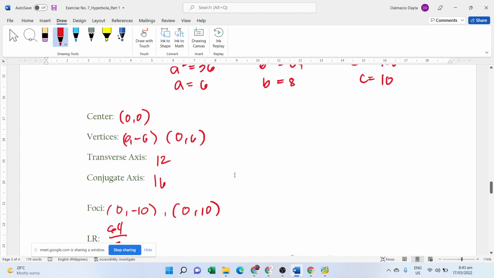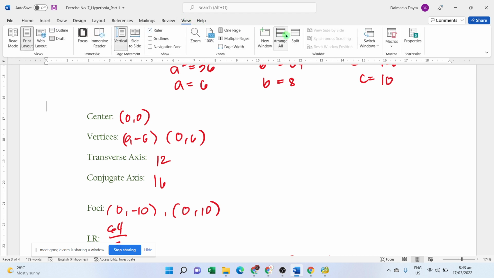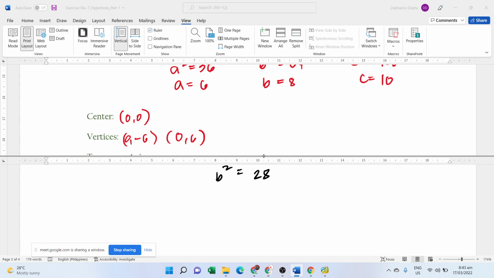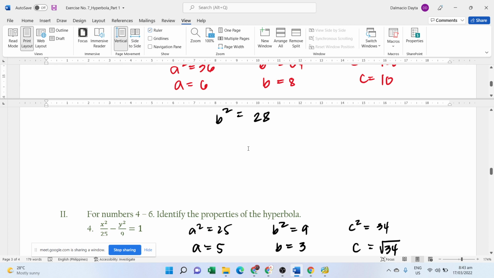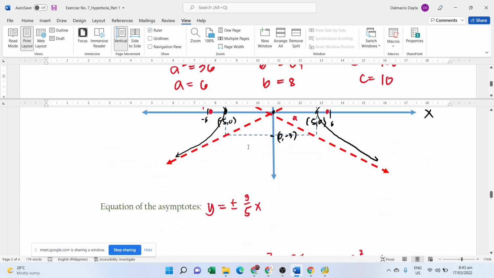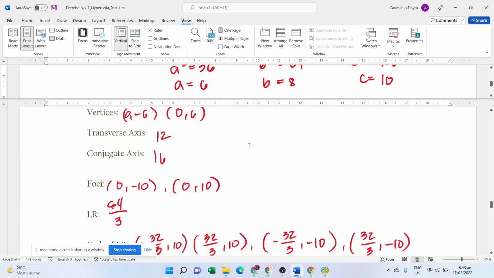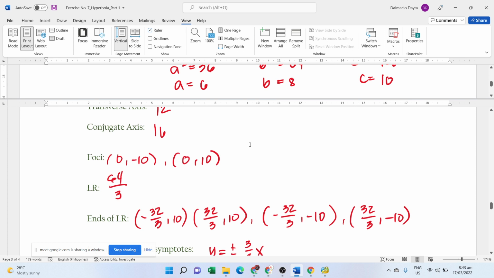Foci is, wait lang, split ko lang ulit. Yan. Importante sa akin yung a, b, and c. I need to check. So foci will be at 0, negative 10, 0, 10. So nasa y-axis, no? Correct? And then LR is 128 over 6.